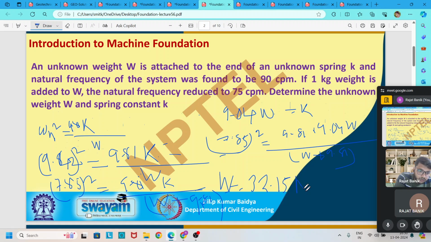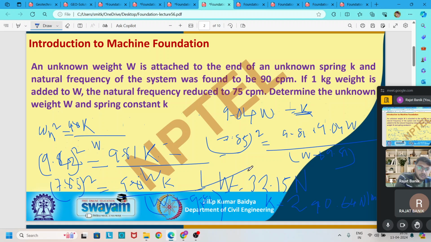32.15 Newton. If we put this into this equation, into 9.04, we get our K as 290.64 Newton per meter.